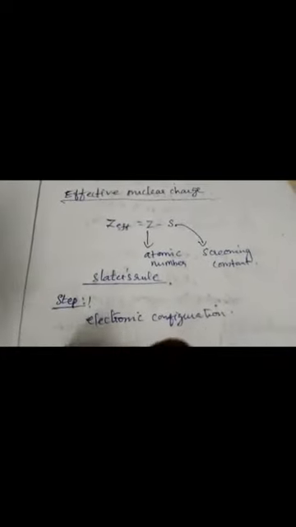Slater rule step 1. Write the electronic configuration of the element and rearrange them in ns and np orbitals and others also.